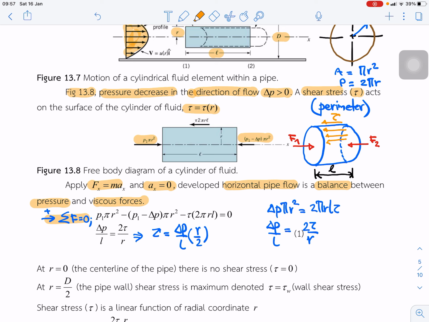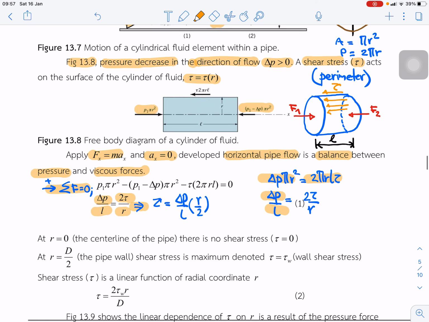In this case, we can prove that delta P pi r squared is equal to 2 pi r L tau. From this equation, delta P divided by L equals 2 tau over r. We can derive this equation.